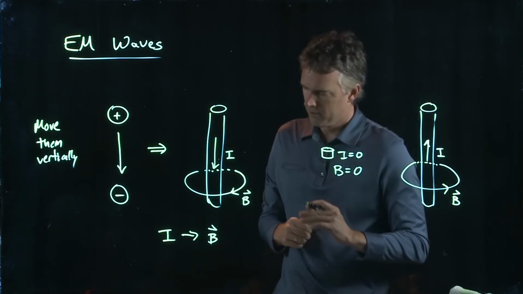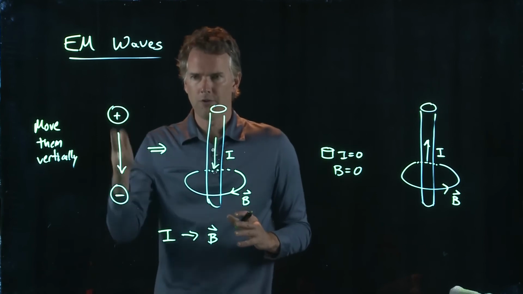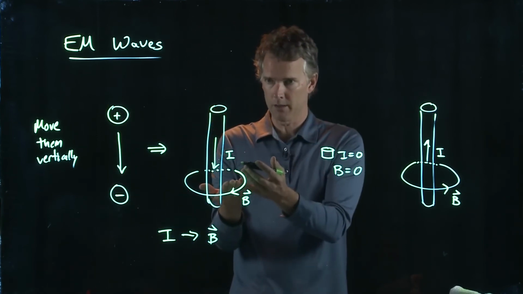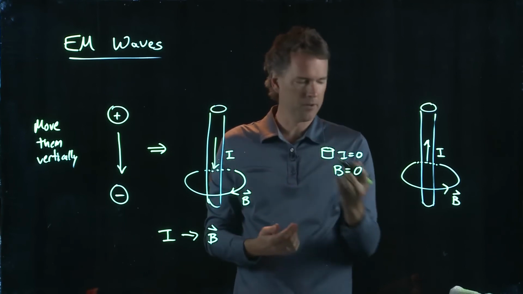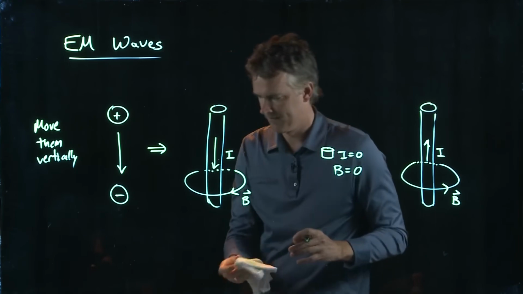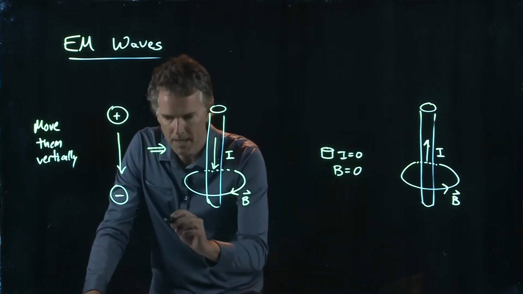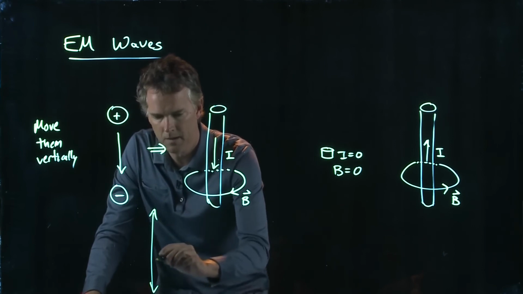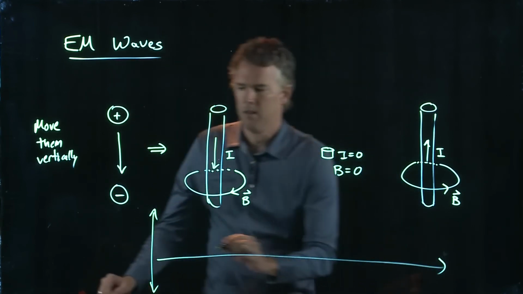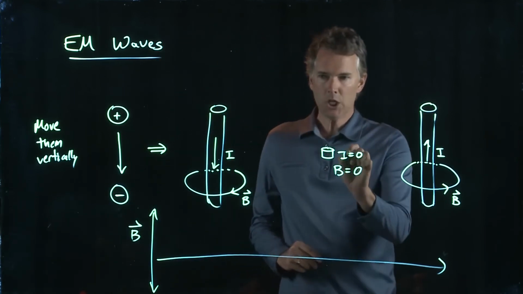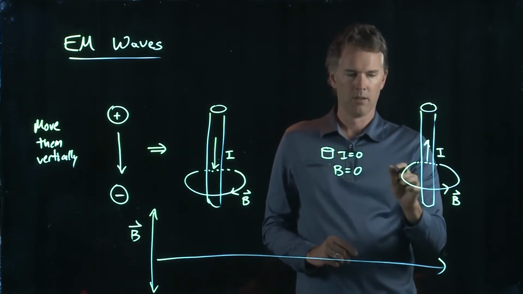Okay, so the charges went up and down. We developed an E that oscillated in time. But now we have a current that's going up and down, and we're going to develop a B that oscillates in time. So if we draw B as a function of time, it is going into and out of the screen.